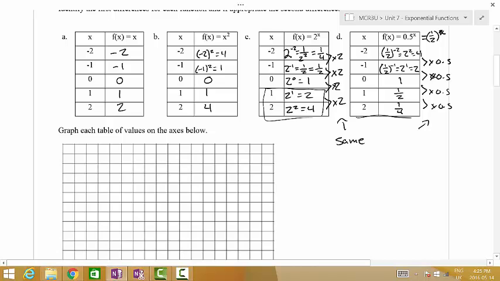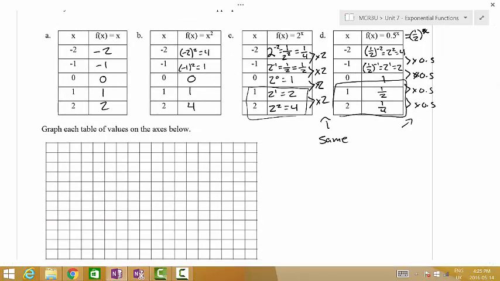Same thing here. We're taking the y value, 1 over 4, dividing it by the y value above it, 1 half. If we have 1 over 4 divided by 1 half, it's like saying 1 over 4 times 2, or 2/4, or 0.5.